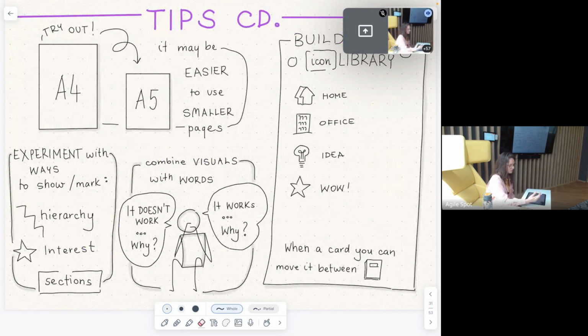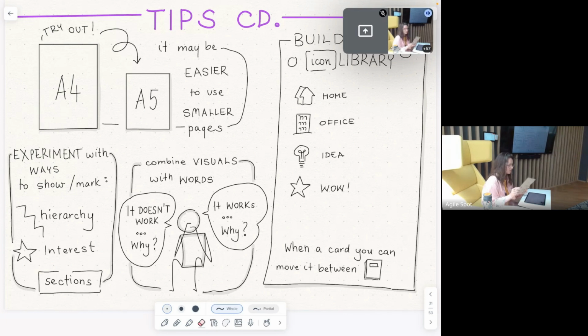And some tips from what I'm learning: if you notice it's not so easy to draw, because there's so much white page, try smaller. I love those cards from Office.